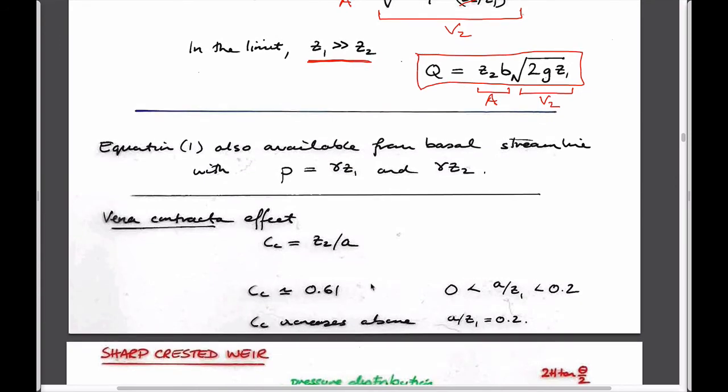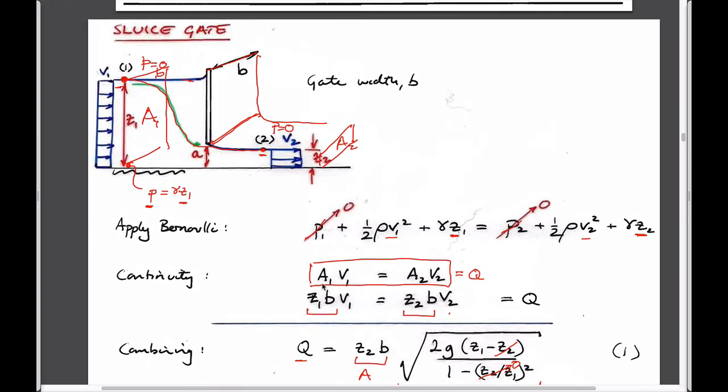We made the case that when it comes out of here, you'd think it might be the same height as this lower height of the opening, the orifice above the bed of the river. It turns out not to be because of some so-called vena contracta effects.